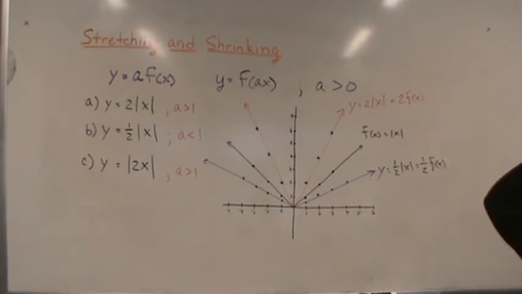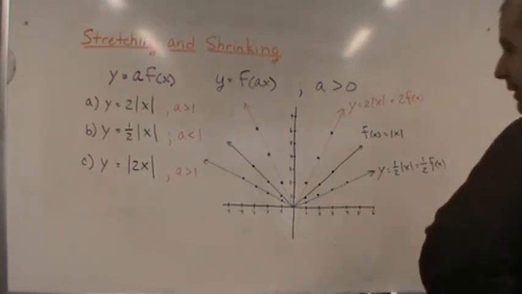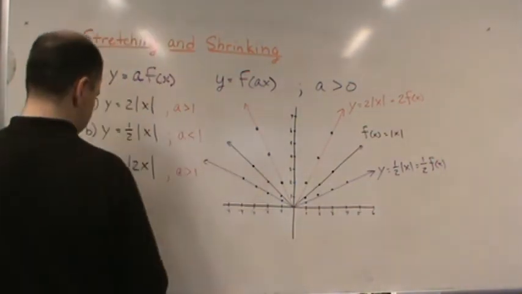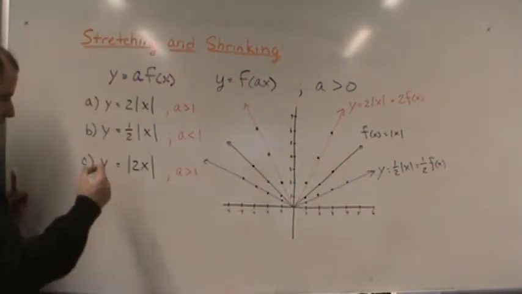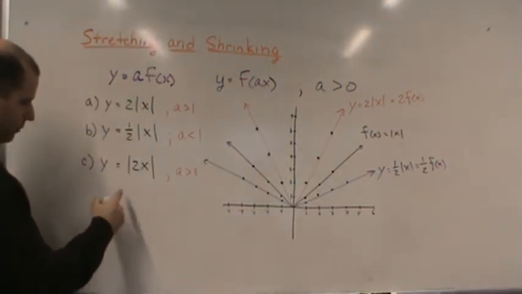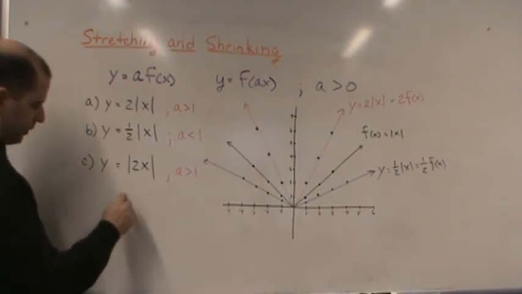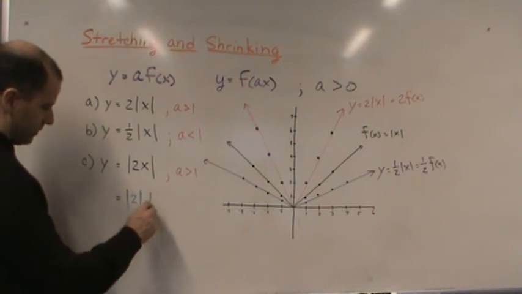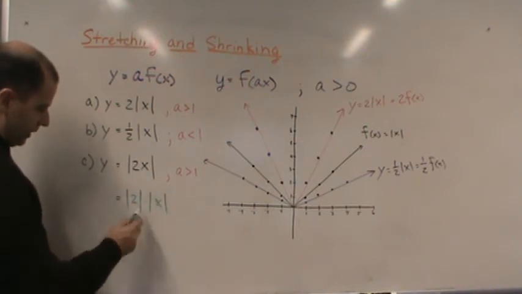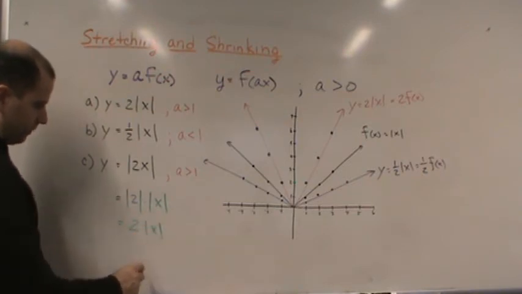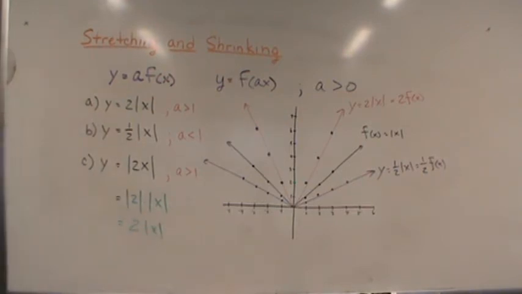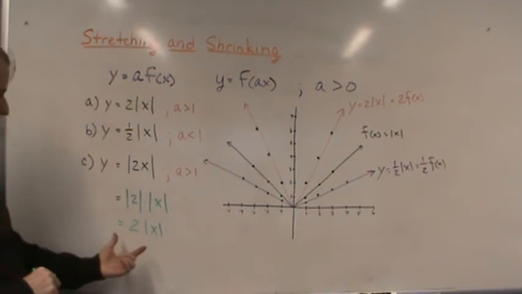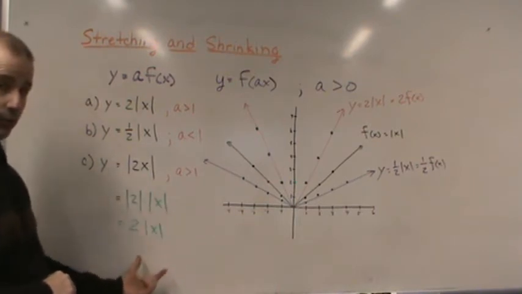Well, why is that? Because in this case, remember the properties of absolute values, I can write this as the absolute value of 2 times the absolute value of x, and of course the absolute value of 2 is 2, and I get the same thing. So I get the same function because of the property of absolute values.